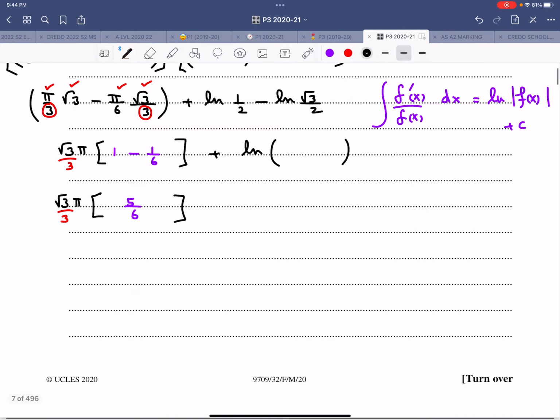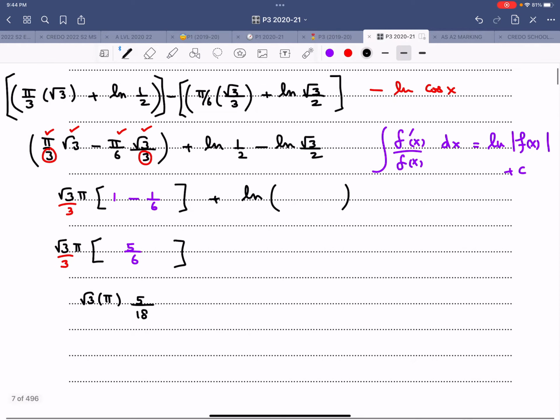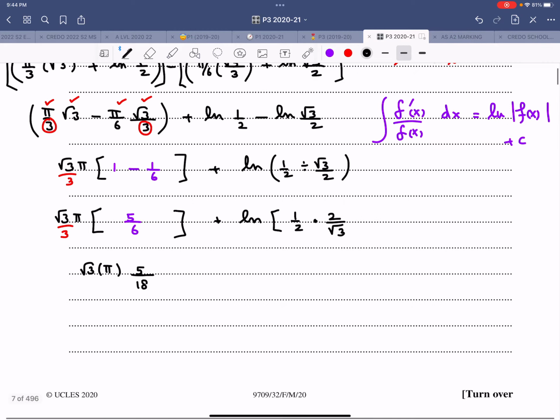So therefore this thing becomes root 3 and pi and 5 over 18. This much is done. Now over here there is a minus sign. So minus means division. Half divided by root 3 over 2. Plus, as it is, ln 1 over 2 into 2 over root 3. So therefore this is plus ln 1 over root 3.